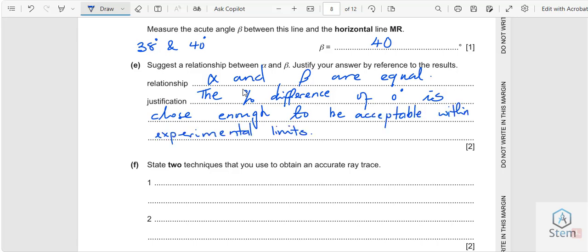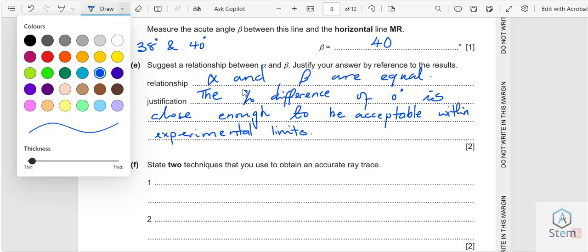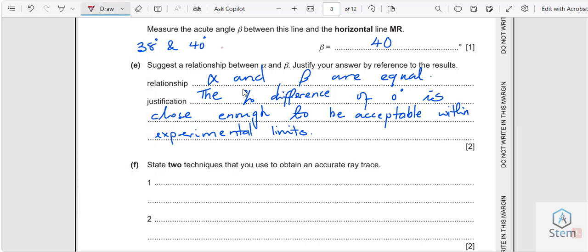All right. So I just want to point out that sometimes, instead of writing percentage difference, you may be encouraged to write something like the difference in angle of 0 degrees or 1 degree or 2 degrees. You just don't want to have very big angles for you to say they are equal.